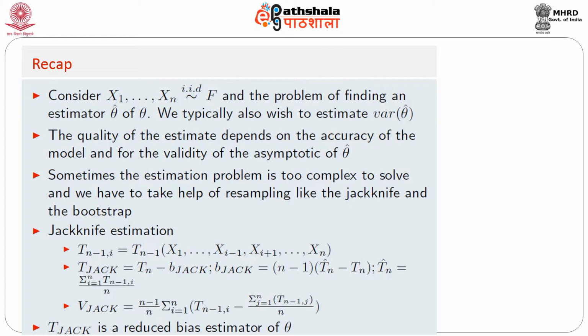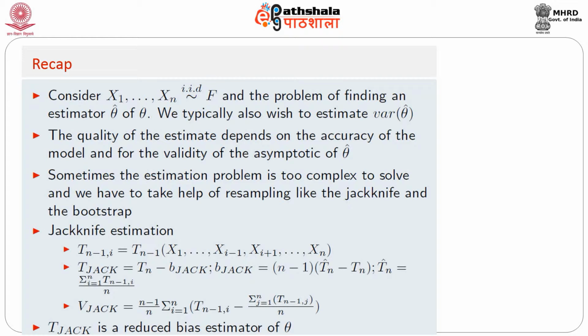In the previous session, we had done the jackknife. Just to recap what the jackknife is: a jackknife estimator T_{n-1,i} is an estimator based on x1 to x_{i-1}, x_{i+1} to xn, that is, on x1, x2, ..., xn excluding xi.